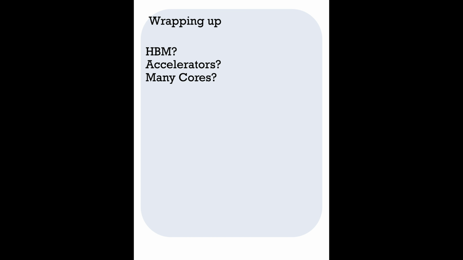Okay, so this is, I think, the future, at least how it's shown by Intel and as a trend, and I think we should expect more and more caches.